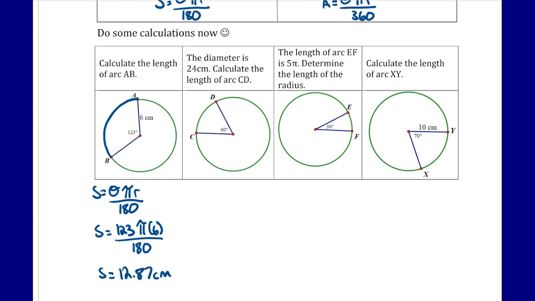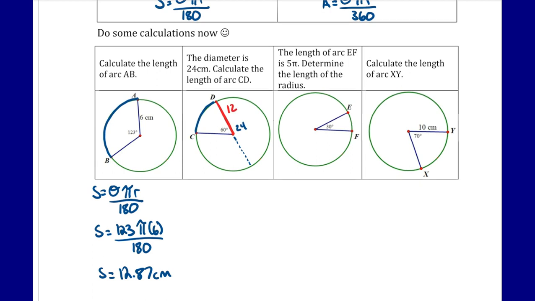For the next one, the diameter is 24 centimeters, and we want to calculate the length of the arc CD. So again, we're going to calculate this length. If we know that the full diameter is 24 centimeters, then the radius would be half of that, or 12.